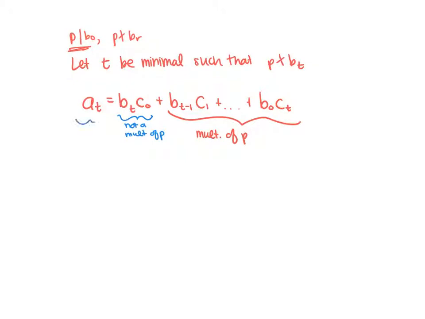So that means a_t is not a multiple of p, because if you take a multiple of p plus something that's not a multiple of p, the result is not a multiple of p. But remember, we're assuming that this is an Eisenstein polynomial, so all of the a's except for the first one are multiples of p. So this is a contradiction.